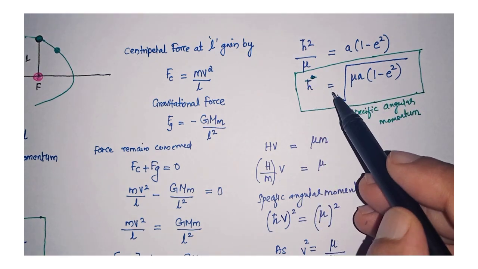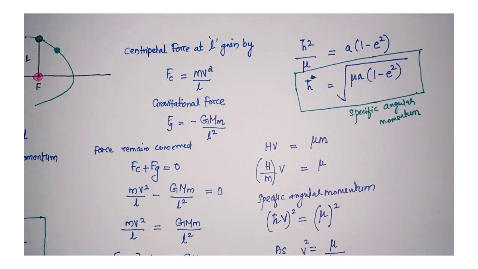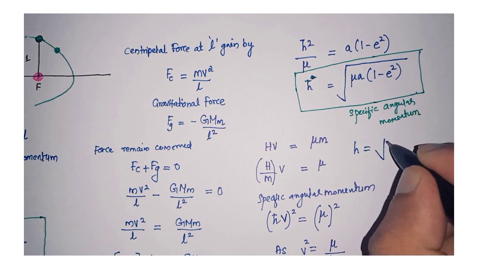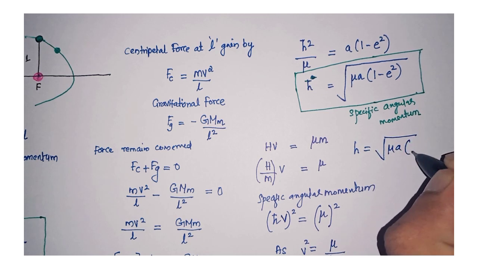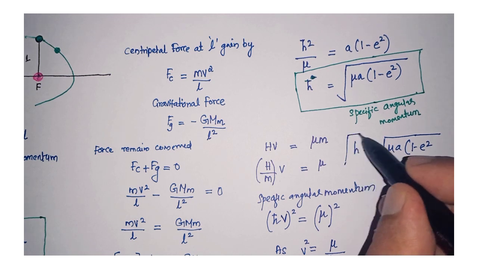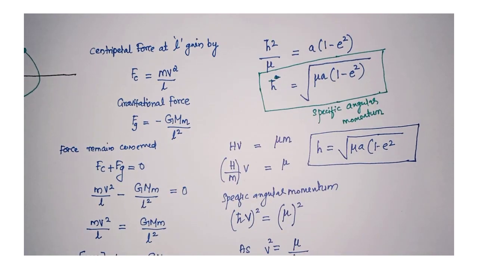So h cap is equal to root of mu a into 1 minus e square. This is the equation that we need to focus on. Your h is equal to root of mu a into 1 minus e square, which is the specific angular momentum equation. And this should not be confused.